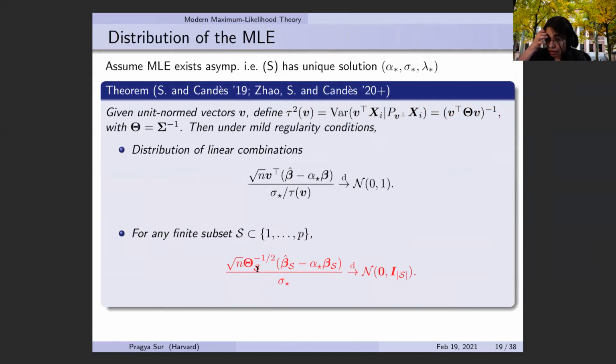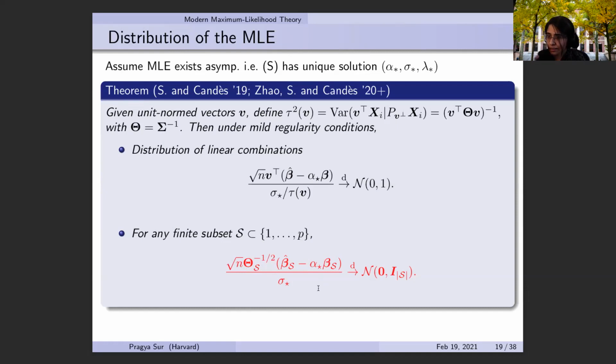If you take the Schur complement of your precision matrix and take that to the -1/2, then you have corresponding Gaussianity. The Schur complement showing up here is not at all surprising. That has a parallel with classical theory. But if you look at classical theory, the extra correction terms that you need here and don't need there are this alpha star and sigma star. So that's on the distribution of the MLE.